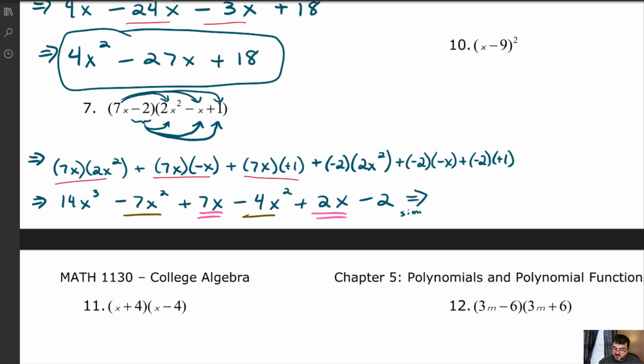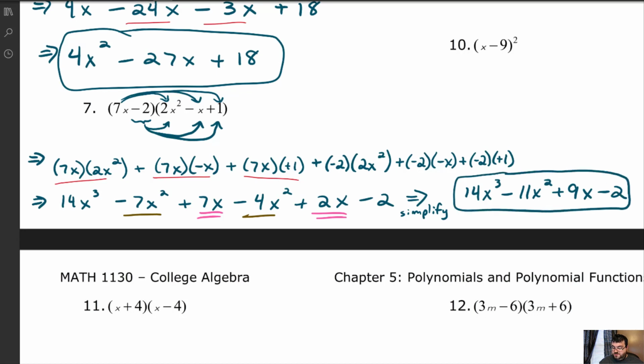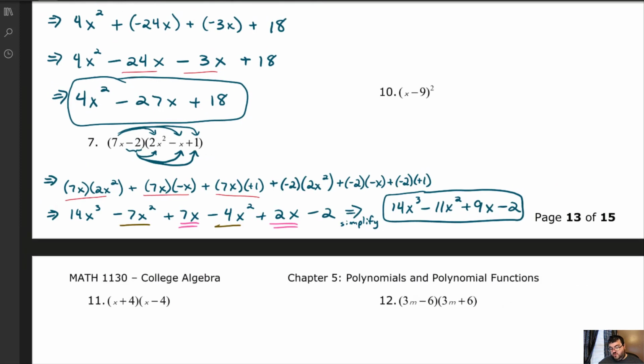So we'll get 14x to the third minus, so x squared, there's 7, 8, 9, 10, 11 of those, minus 11x squared. There are 9 x's, and then there's a minus 2 at the very end. So it takes us a while to get through it, but we end up getting 14x cubed minus 11x squared plus 9x minus 2.